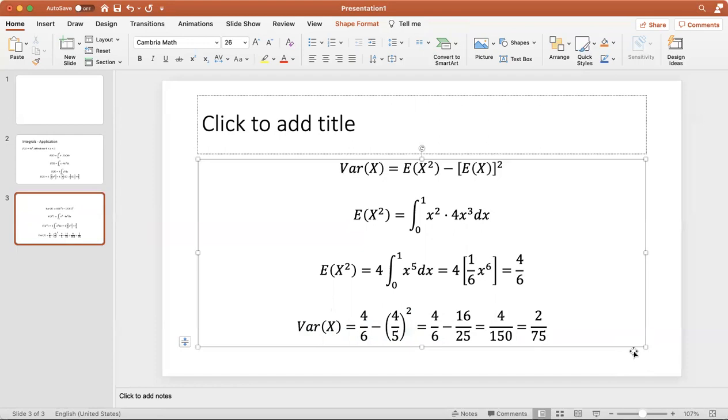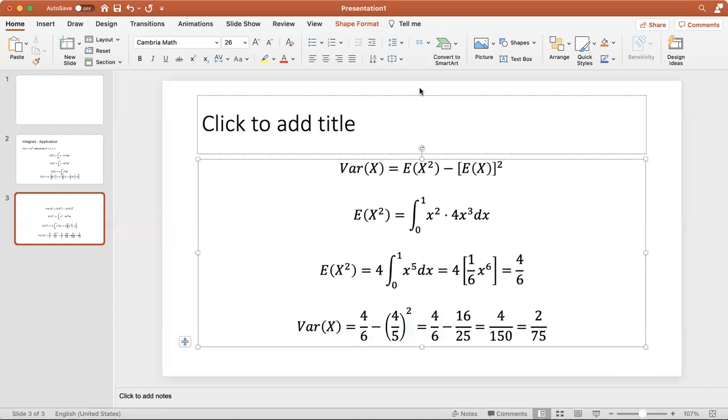But just a reminder that the variance of any random variable is always positive, because you're looking at the spread of your random variable with respect to its mean. So it's a distance measure, sort of. So that's your application of integrals for a univariate random variable.